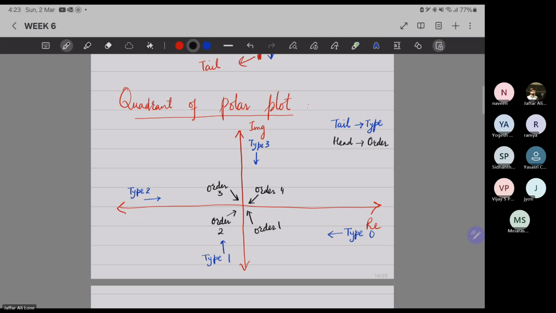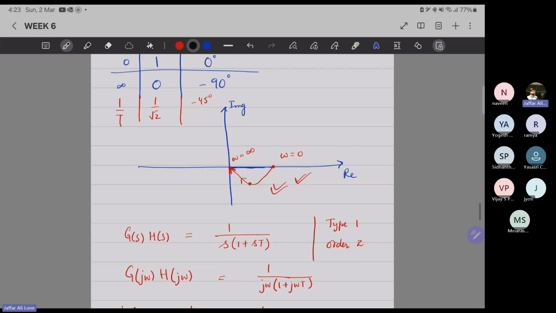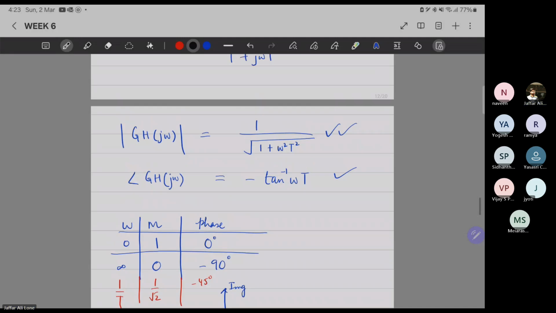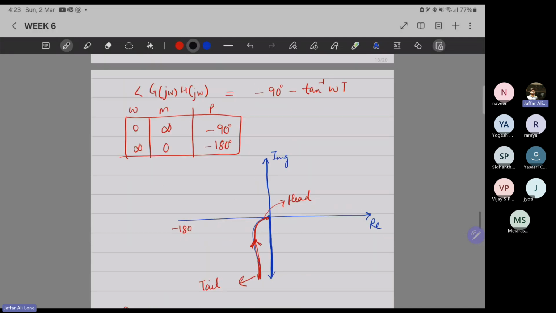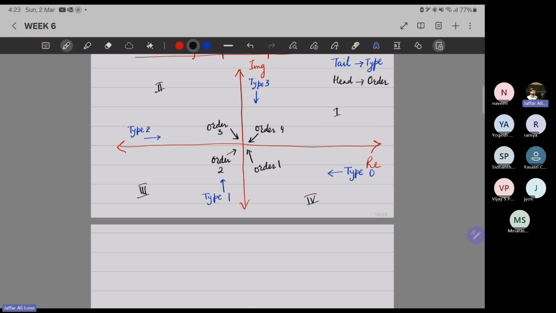Now see, I made a generalized diagram. If you have a type 0 and order 1 system, your polar plot will start from the fourth quadrant. I'll number the quadrants 1, 2, 3, and 4. So for a type 0 and order 1 system, the polar plot will start in the fourth quadrant and terminate in the fourth quadrant as well.